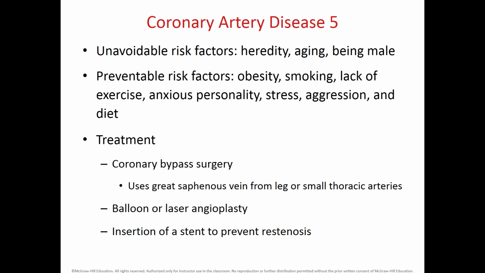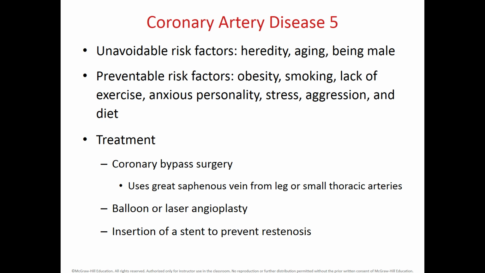Okay, so for treatment of CAD, if the person has really obstructed coronary arteries, the person can have a bypass surgery in which they place a piece of the great saphenous vein or a small thoracic artery into the heart to prevent this obstruction from happening.